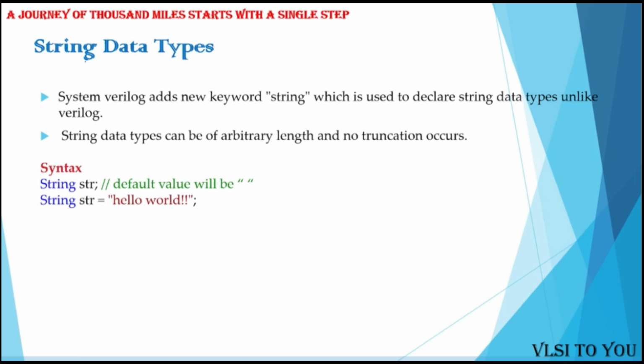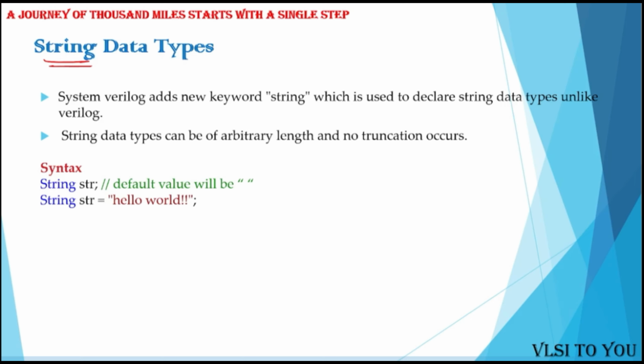And one more data type that is really important and mostly used in SystemVerilog is the string data type. Until now we have seen all the data types which are integers. That means they can only hold numbers and calculate numbers.